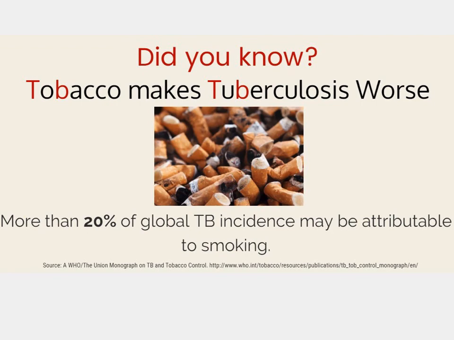Then prevalence of TB is three times as high among ever smokers as compared to that among never smokers, and the mortality from TB is three to four times as high among ever smokers as compared to that among never smokers. Smoking contributes to half the male deaths in the 25 to 69 age group from TB in developing countries, especially in South Asia.